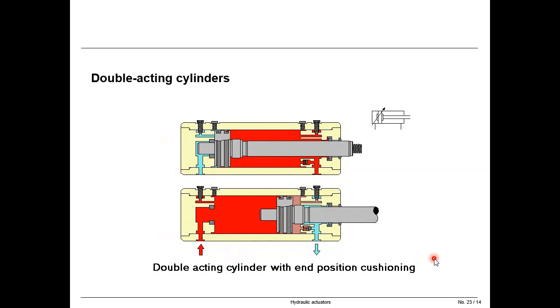So the double acting cylinder with end positioning, we also discussed in pneumatics. It is the same here. We have two pistons here on the left and right side of the main piston. You see here this piston and this piston, and there are locations here where these pistons come in and start the cushioning and so on, more or less repeating from the last lesson.